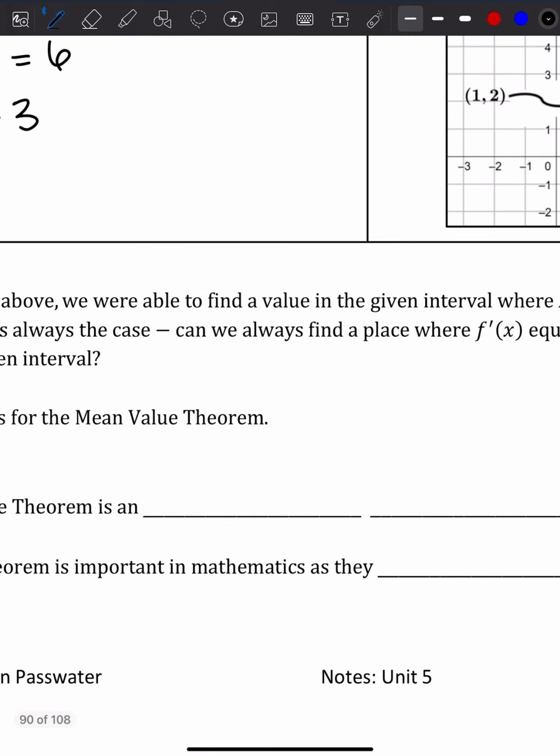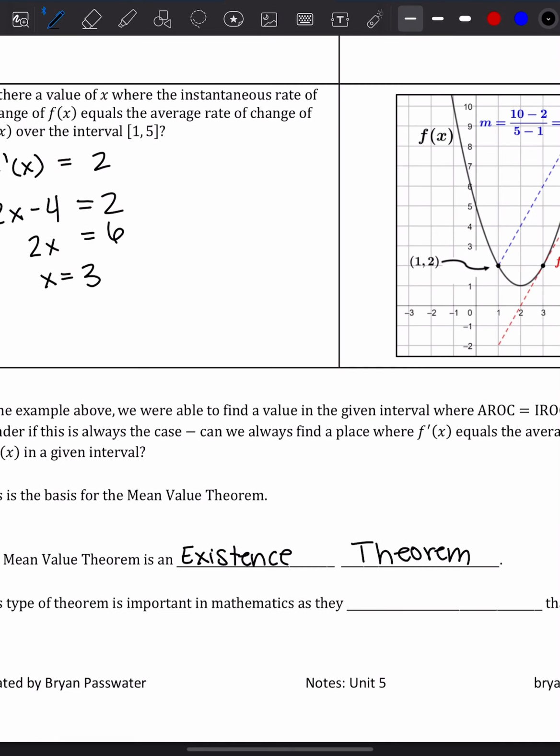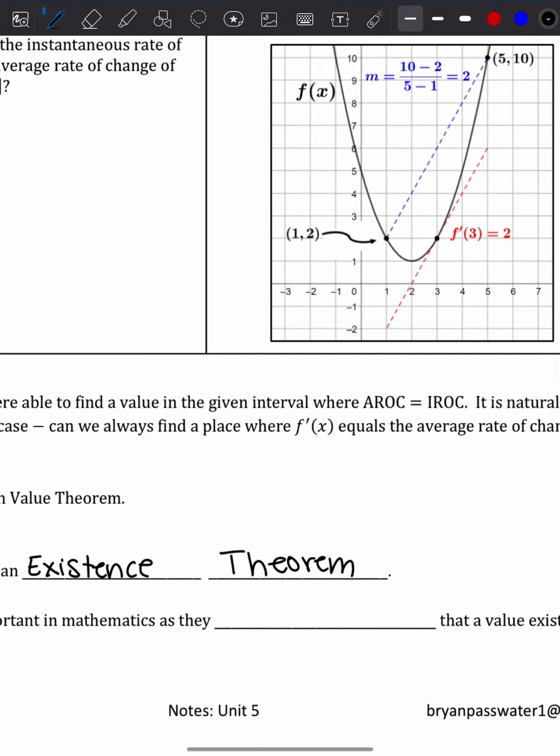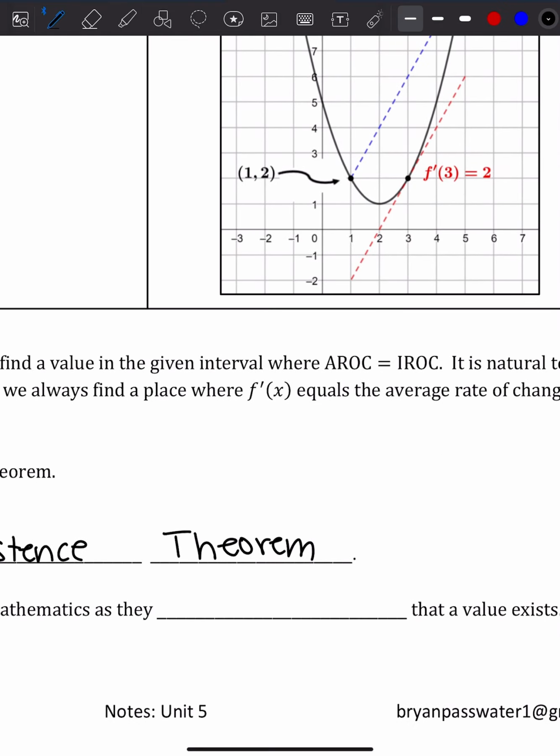It's an existence theorem. So a lot of times we are not actually solving for x like we did, figuring out where it happens, just figuring out if it could happen. This type of theorem is important in mathematics as it guarantees that a value exists.